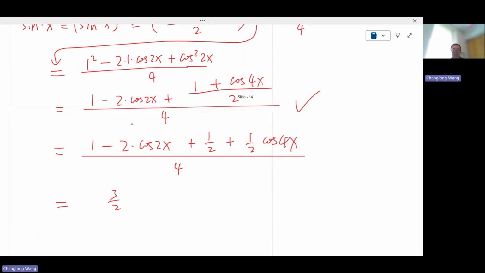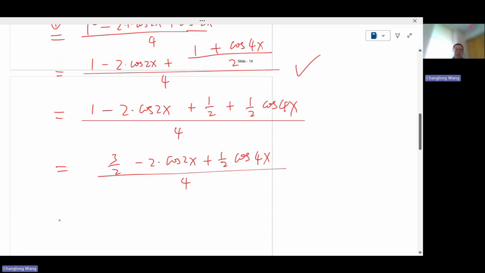Then we have minus 2 cosine 2x, and 1/2 cosine 4x. They don't combine, so just copy them. So now you have 3 terms in the numerator, all over 4. You split it one more time.